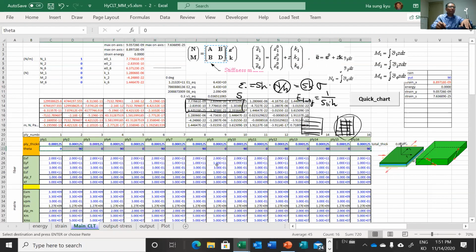The stiffness in direction 1 and direction 2 will be the same, but less than the stiffness in the all-0 direction.